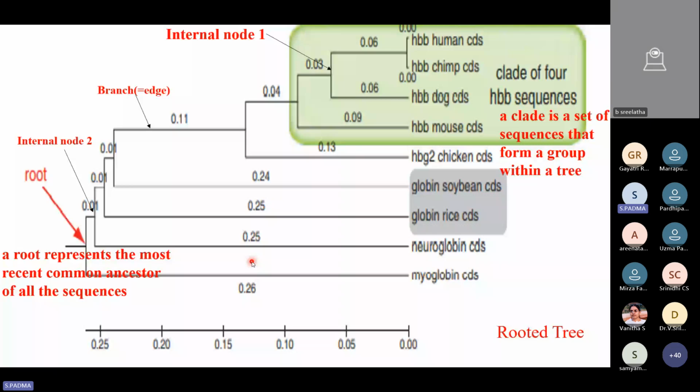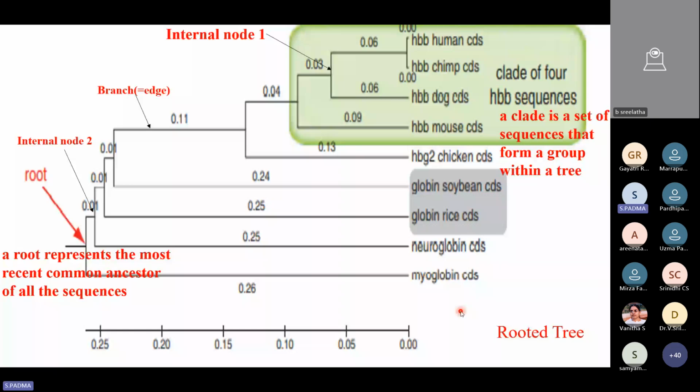Now here, as I've told you earlier also, you can use any type of molecules to establish the tree construction. Now this is an example of a rooted tree which is showing different types of globin.